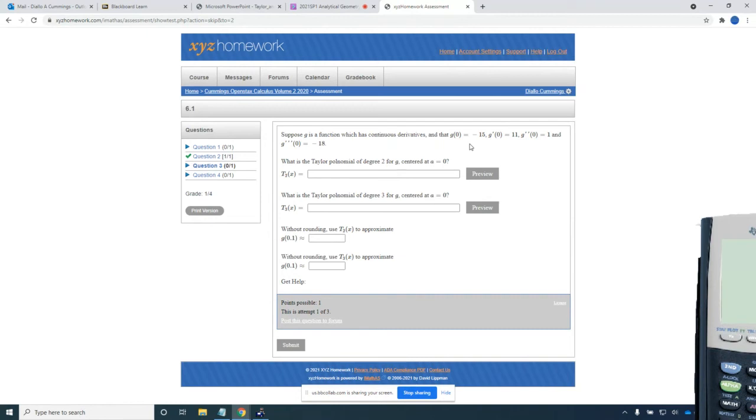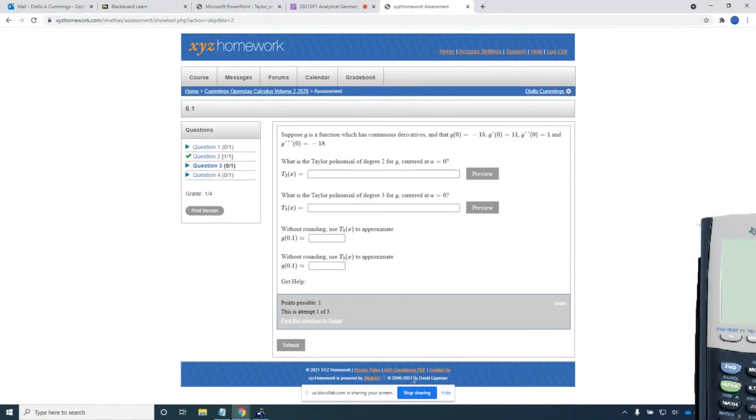So even though we're not actually given a function, we are given what it's centered at, and we're given the derivatives of the function. So we're given the function in a roundabout way. We're also asked to approximate g of 0.1 without rounding using this degree 2 expansion, and also using the 3rd degree expansion.